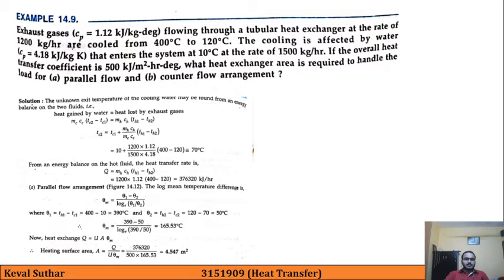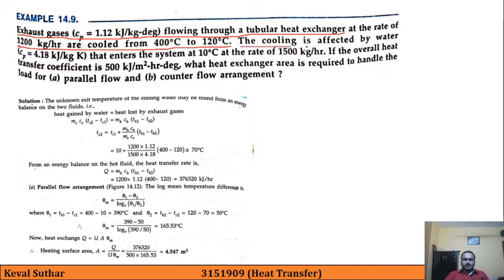Our first question is: the exhaust gases having the value of Cp as 1.12 are flowing through a tubular heat exchanger at the rate of 1200 kg per hour, and they are cooled from 400 degrees Celsius to 120 degrees Celsius.